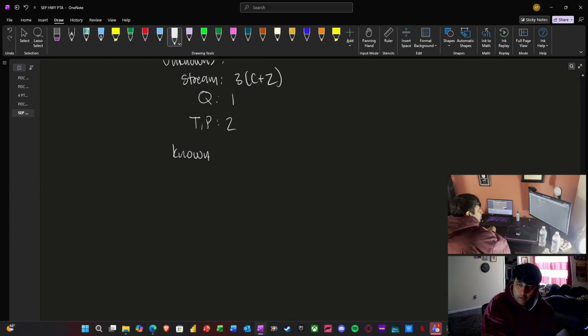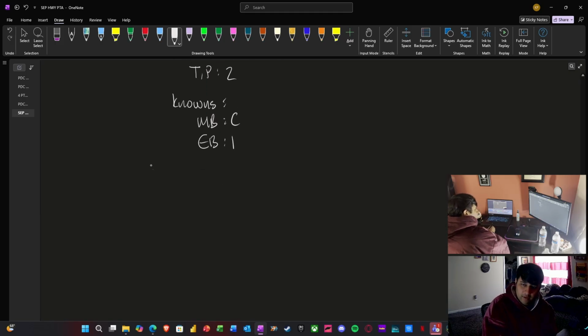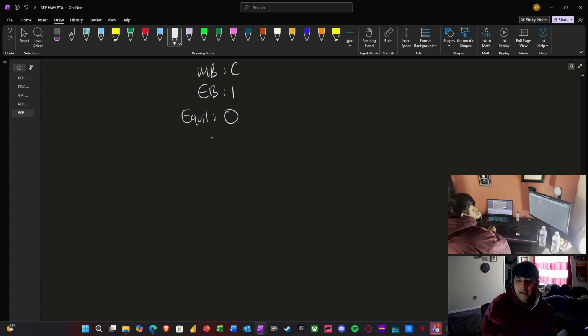For our knowns, our material balance is C, energy balance is 1, but now we're going to have a little bit of a difference within our equilibrium. Since we have only liquid circulating and there's no vapor, there won't be an equilibrium to be met, so this is going to be just 0. We're also going to account for our composition, which is C minus 1.